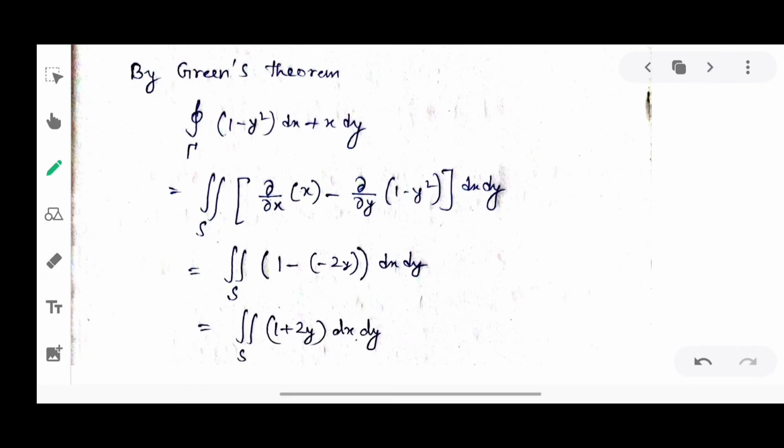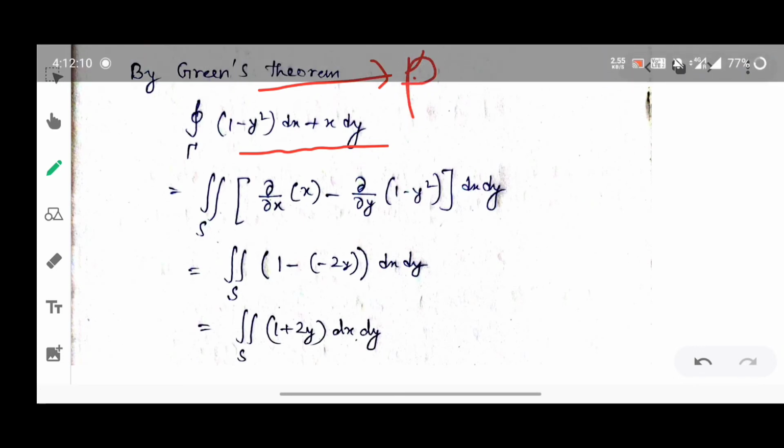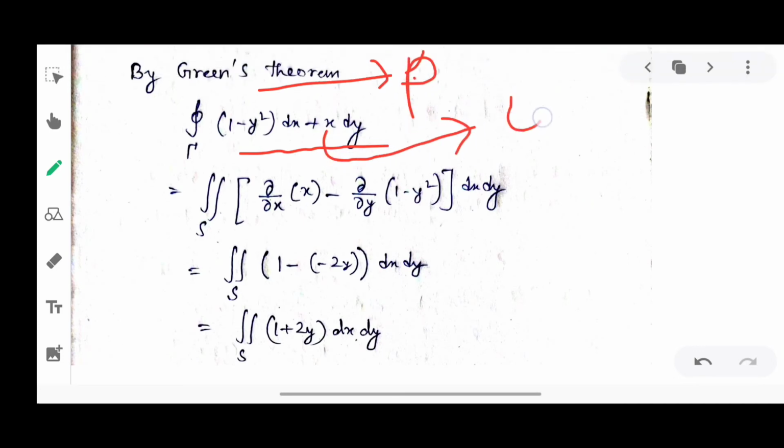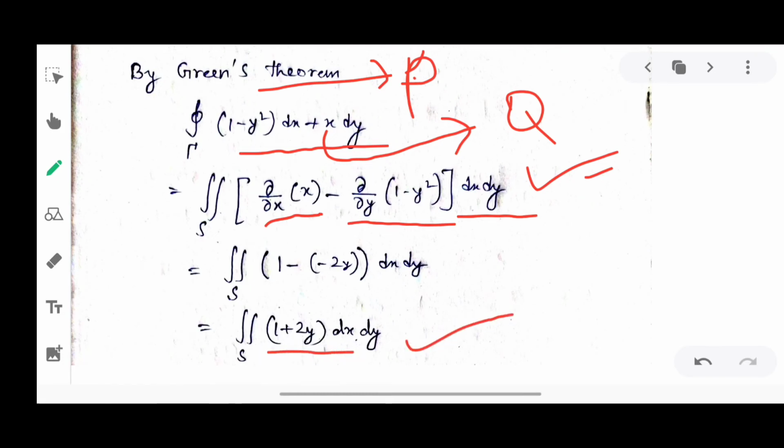Now by Green's theorem, del q by del x, that is del by del x of x, minus del p by del y, that is del by del y of (1 minus y square), and the integral is converted to a surface integral. This is equal to the integral of (1 plus 2y) dx dy over the surface S.